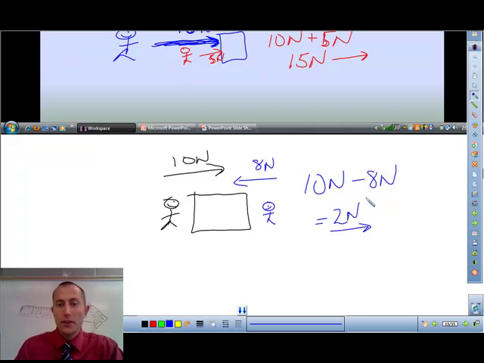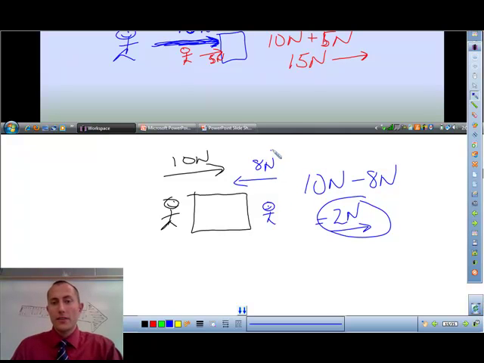Okay, so we end up with a 2 Newton force to the right. Again, pretty straightforward. Think of it as positives and negatives. If the direction to the right is positive, the direction to the left is negative, it's still really an addition. It's just 10 plus negative 8, and we get a positive 2, which tells us it's in the right facing direction, or to the right.